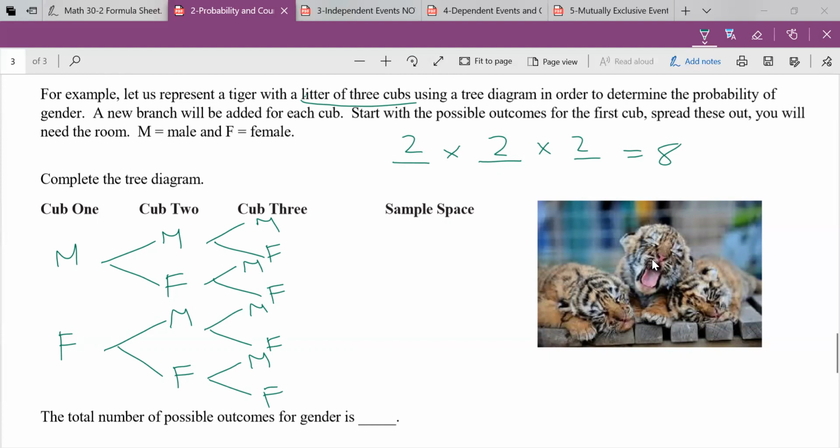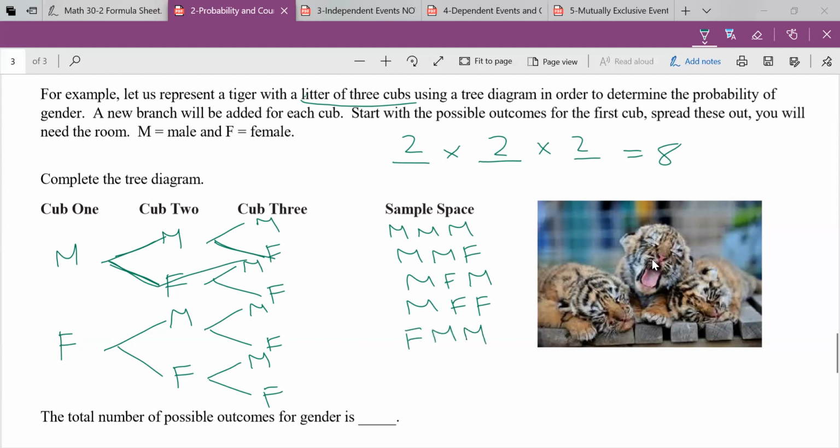Now my sample space, I'm just going to follow my order. I could have male, male, male, or I could have male, male, female. I could have male, female, male, male, female, female. And I've just got to keep going here. So now I'm into the first cub being a female.